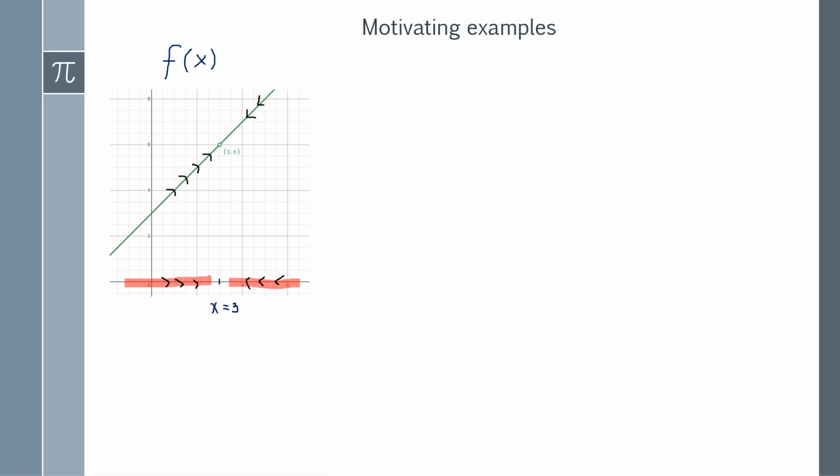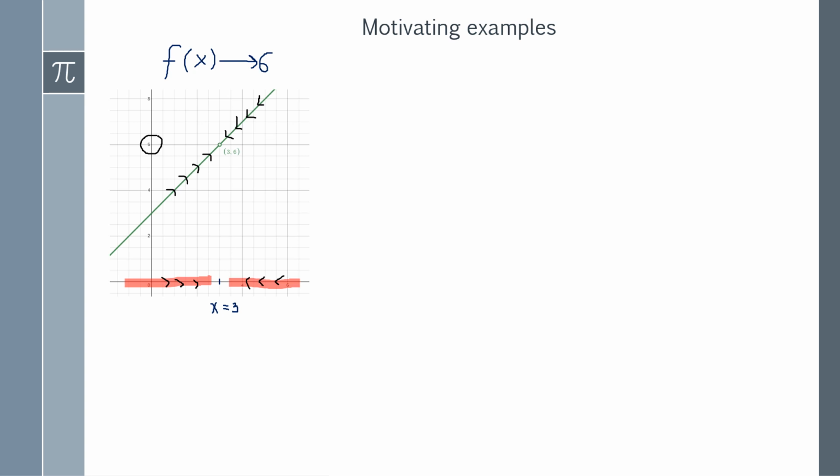The graph of our function gets closer and closer to y is equal to 6. Okay, so we can say that as x approaches 3, how does our function behave? f approaches 6. Okay, and that's your intuitive notion of a limit of a function. Okay, all it is just how your function is behaving around a certain point.